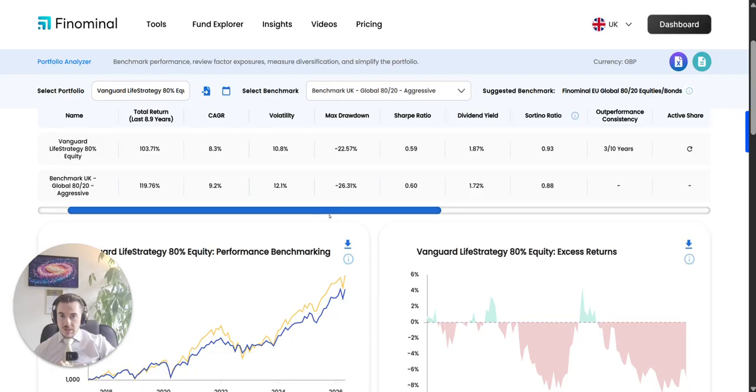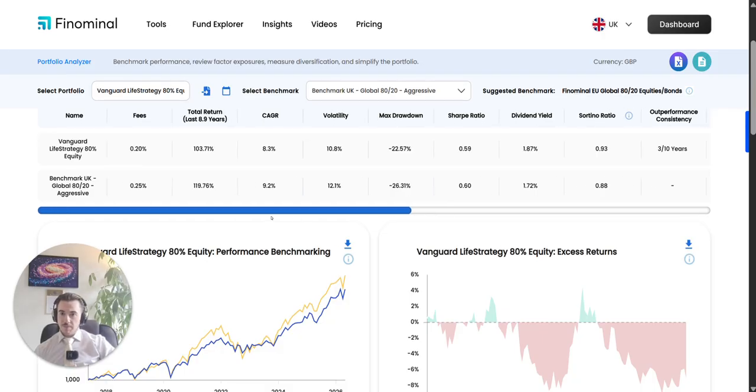And we can also see better drawdown protection, with a max drawdown of minus 22.57% for the Vanguard fund and minus 26.31% for the benchmark, and very comparable Sharpe ratios as well at 0.59 versus 0.6 for the benchmark. If we look at total return over the look-through period, we're looking at 8.9 years.